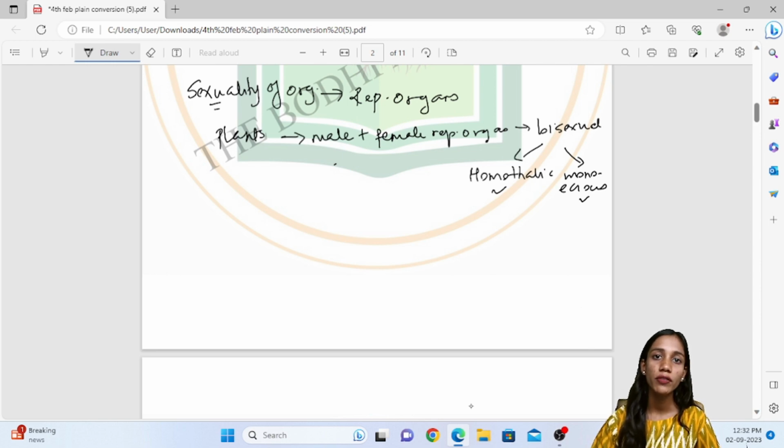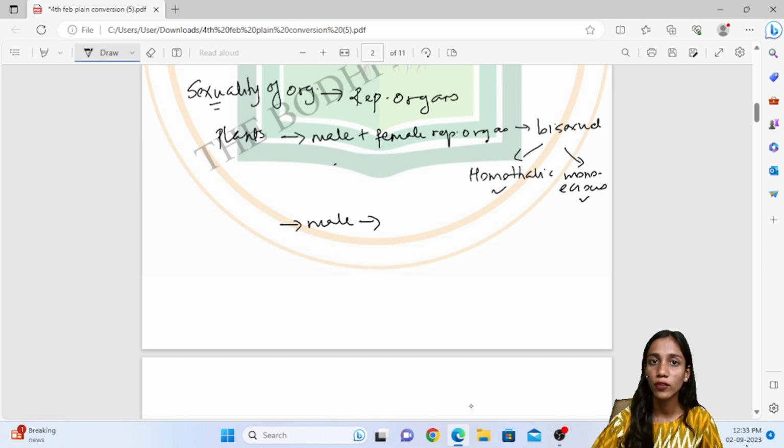Okay, so what will be now the opposite? Okay, the different part of it. Now, next part is the organism having either the male reproductive organ or the female reproductive organ. In this case, the male reproductive organ in the plant is called as the stamen.